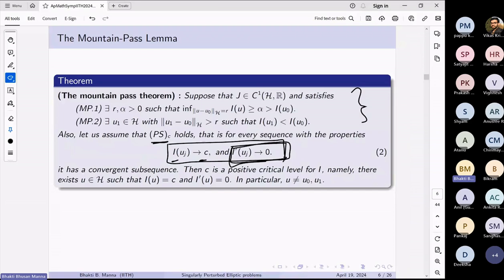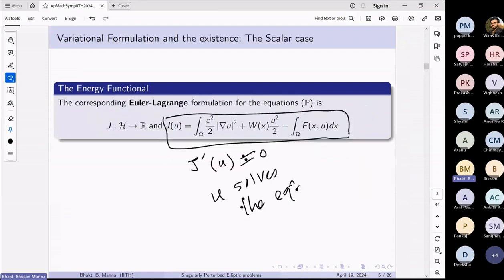For this particular theorem, this Palais-Smale condition is very important, and another important fact is the mountain pass geometry. If we go back to this functional, it also has a certain kind of geometry.